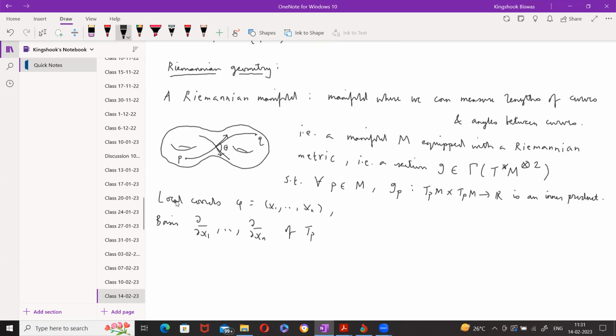This is my local basis of the tangent bundle, and taking the dual basis gives me a local basis of the cotangent bundle, that is dx1 up to dxn. This is my basis of Tp star M.